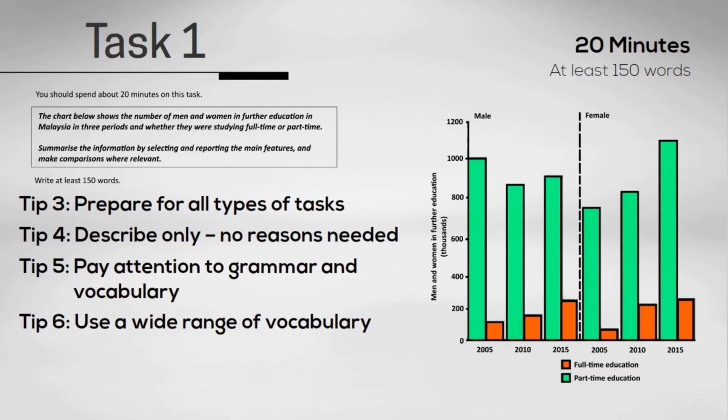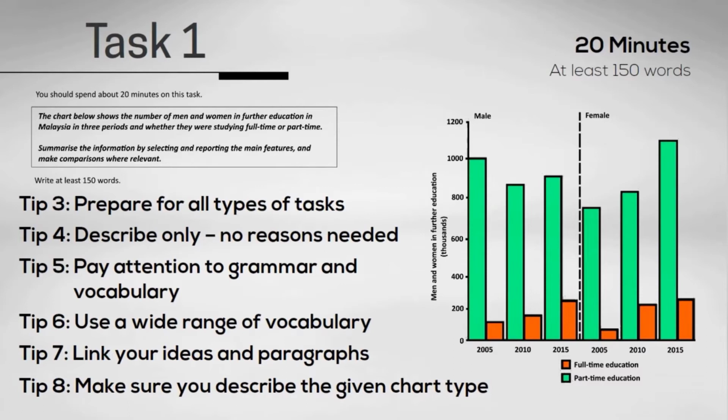Your organization is also important. Use paragraphs and link your ideas together. But don't overuse words such as furthermore, moreover, and besides. That's tip number 7. Finally, our last tip, make sure you do answer the question. Describe the charts presented in the task.